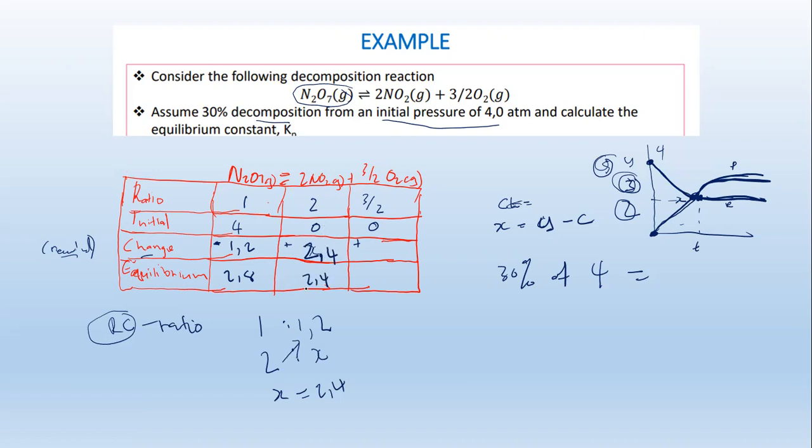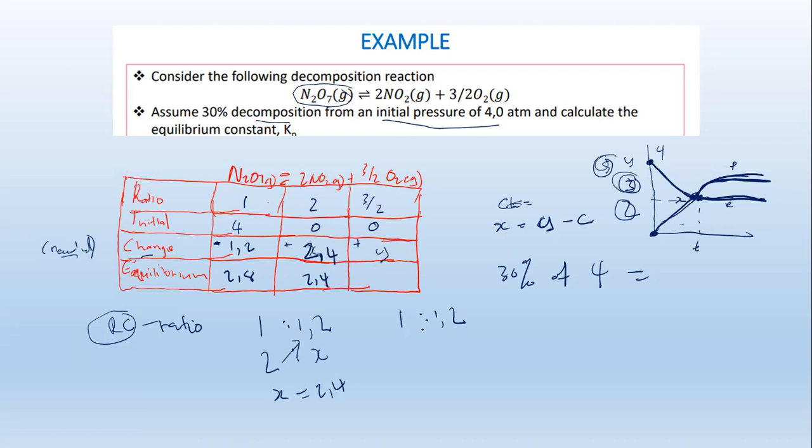Now I managed to get my pressure at equilibrium of NO2. I need this one then. How am I going to get this? I'm going to repeat the same thing. You can use this or you can use that. Let me use this. So my ratio is 1 is to, remember, 1.2. For this one, which is what I'm looking for, I'll call it Y, right?